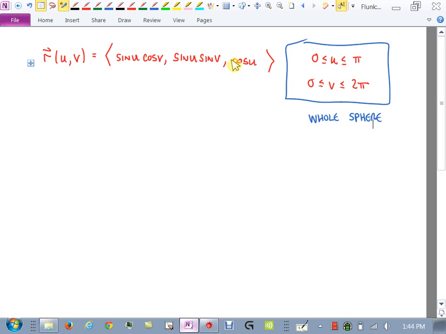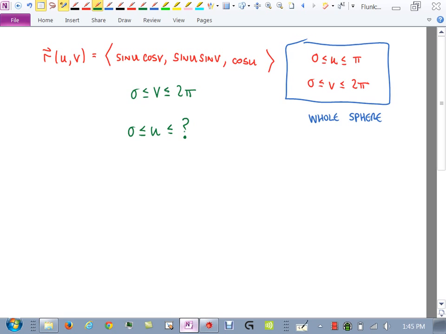To where I hit the cone, right? What's the angle that takes me to the cone? Pi over 4, you think? Well, let's verify that, okay? Right now, I'm happy with saying that my v will swing all the way around. It's just a question of how far to let my u go. How far should I let that u drop so that when it hits the cone, I stop?